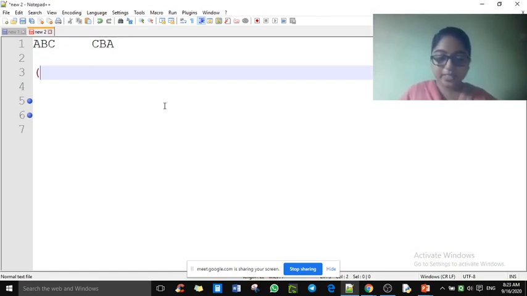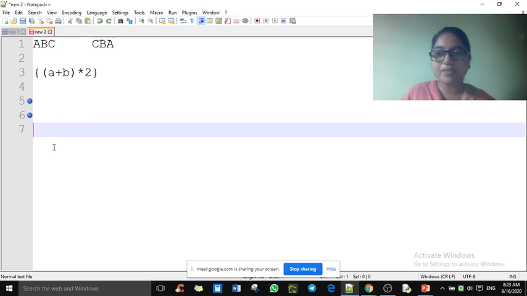For example, this is A plus B, and this is into 2, and consider that there is one more bracket, say this and this one. So whenever, say I keep this bracket here, I am traversing this expression and I am keeping this bracket.